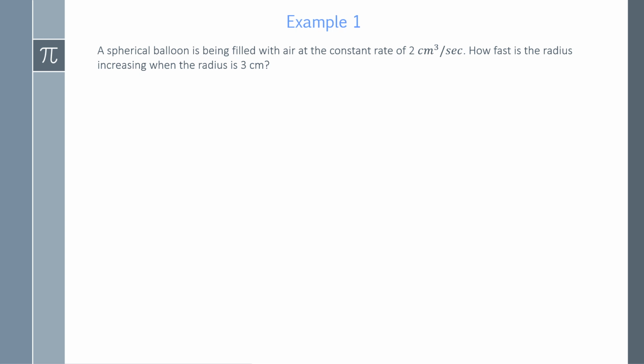Okay, let's take a look at our first example that is directly related to the problem we just discussed on the previous slide. A spherical balloon is being filled with air at the constant rate of 2 cubic centimeters per second. How fast is the radius increasing when the radius is 3 centimeters?